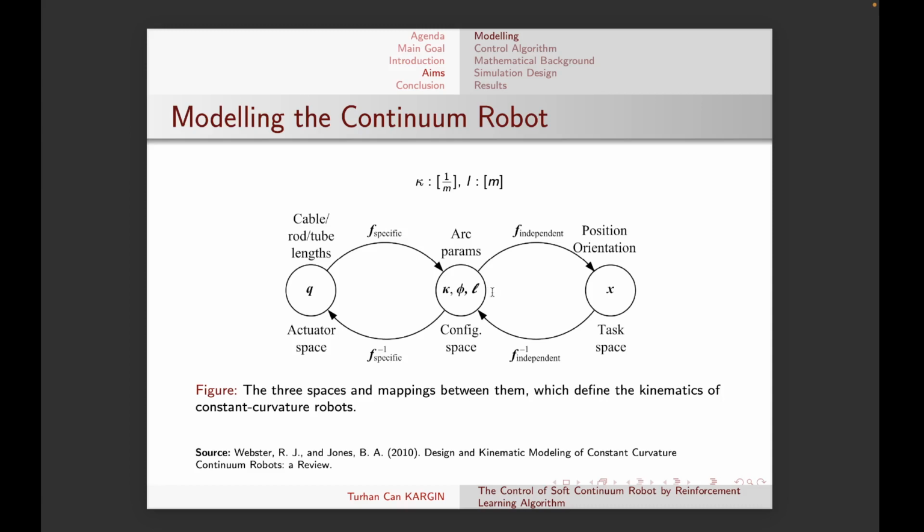And when we map this configuration space to task space, we got the position of the robot, basically x and y. There is no z because we are working in the planar case. And here you can see the units of the curvature and arc length.